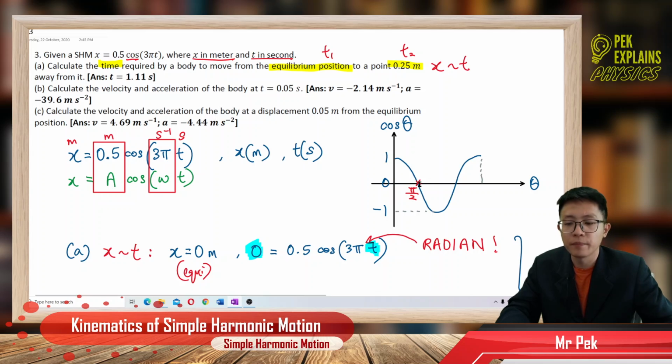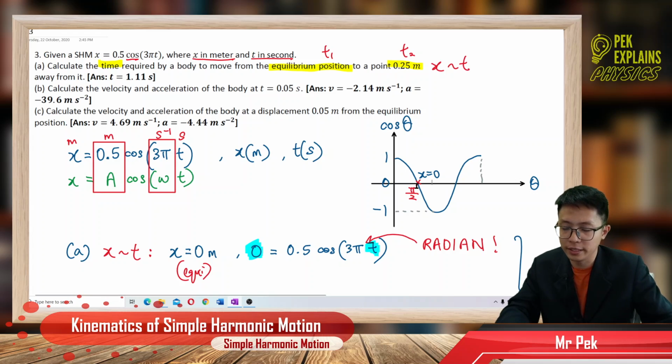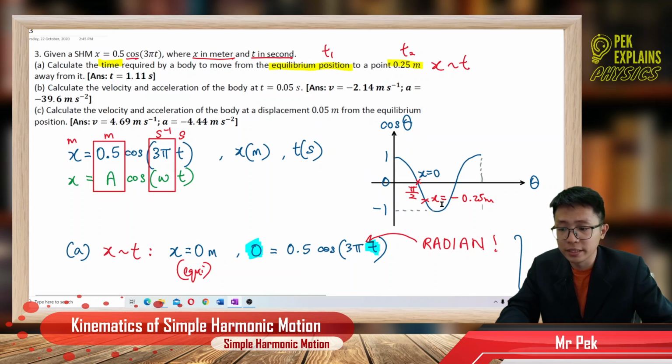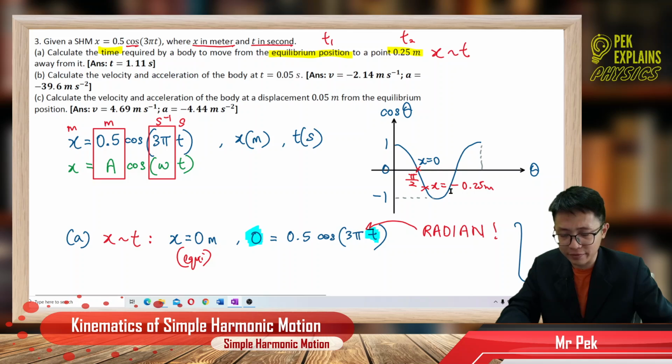So 0.25 meter away, so the graph actually goes down. It does not go up. The graph actually goes down. So the equilibrium position is here, and 0.25 is over here. x equal to negative 0.25. So our displacement needs a negative sign. Why put a negative sign?